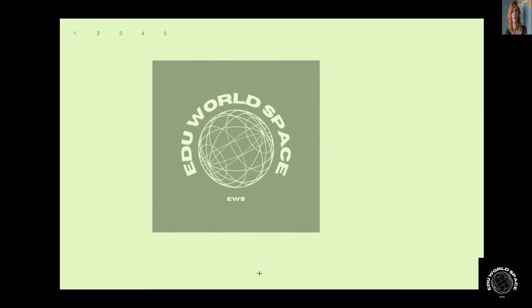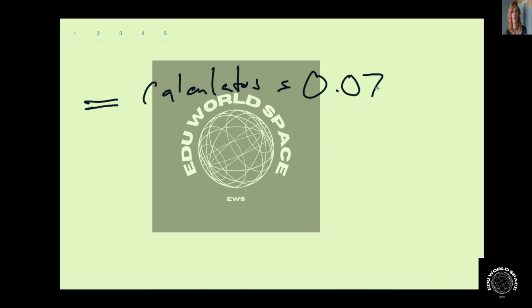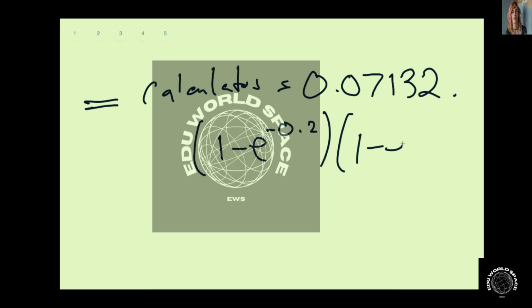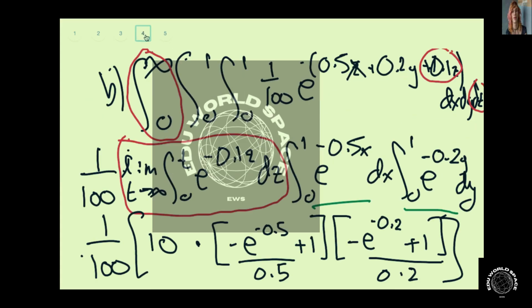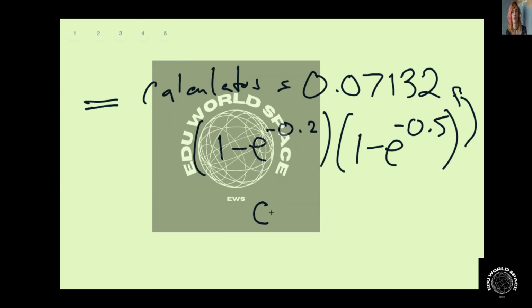Doing all this out, and you can use a calculator, our answer is going to be 0.07132. If you simplify, you're going to end up with 1 minus e to the negative 0.5 times 1 minus e to the negative 0.2, and that's what this is. So that's part B.